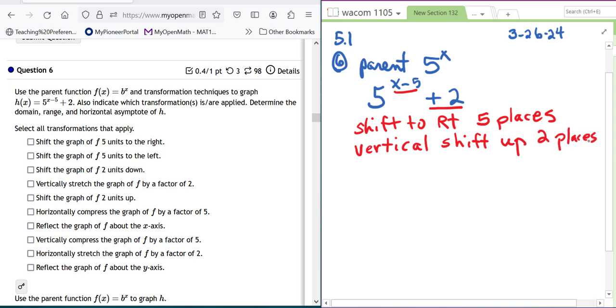The vertical shift will affect your asymptote, right? And so let's mark these. Shift right 5 places. Shift the graph 5 units to the right. So we're good there. A vertical shift up 2 places, so we want to go up.